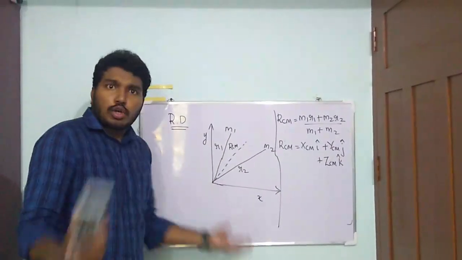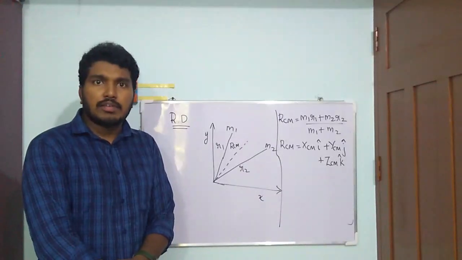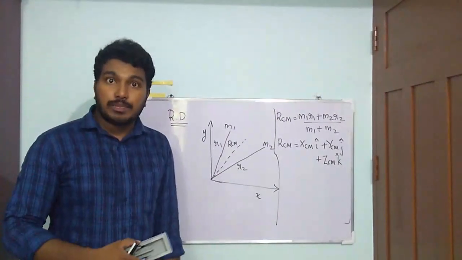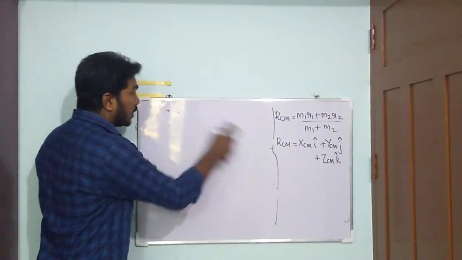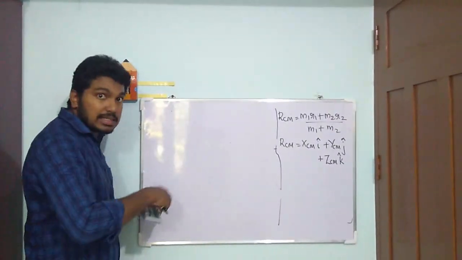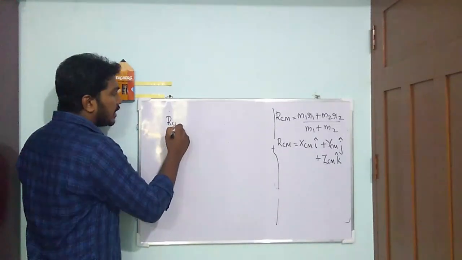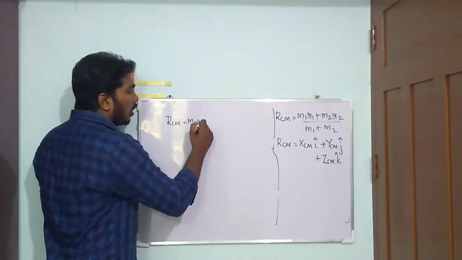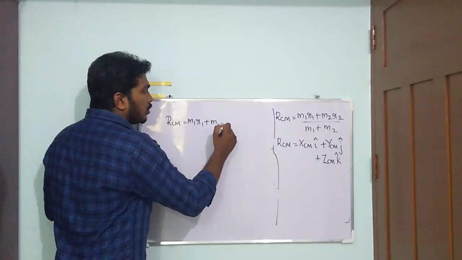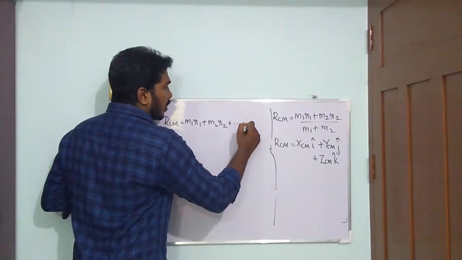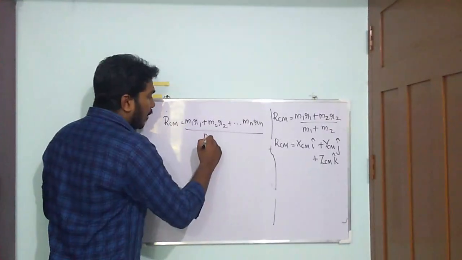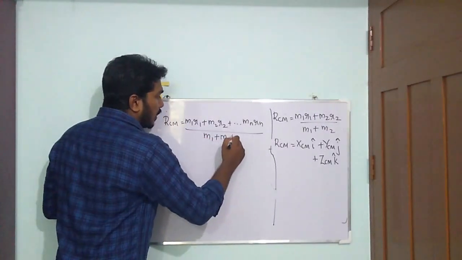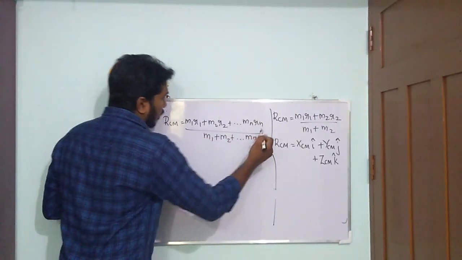Now suppose we are not talking about a two-particle system, instead we have an n-particle system. How do you specify the center of mass? For an n-particle system, the center of mass RCM can be written as RCM equals (M1R1 plus M2R2 plus etc. till MnRn) divided by (M1 plus M2 plus etc. till Mn).